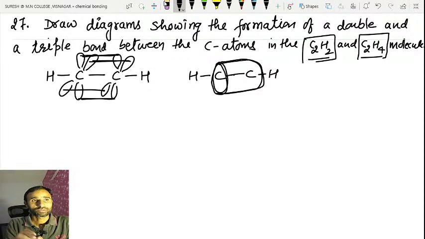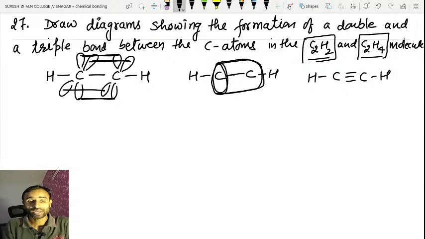And second one is the formation of triple bond, when two unhybridized p orbitals on each carbon overlap with the other carbon. And in ethyne, each carbon is sp2 hybridized.